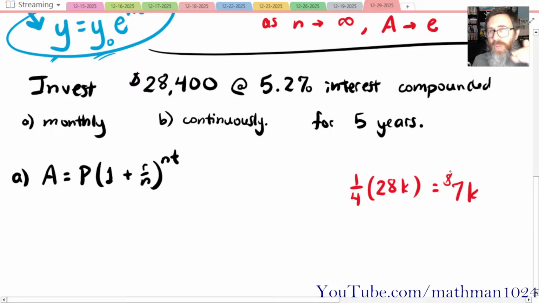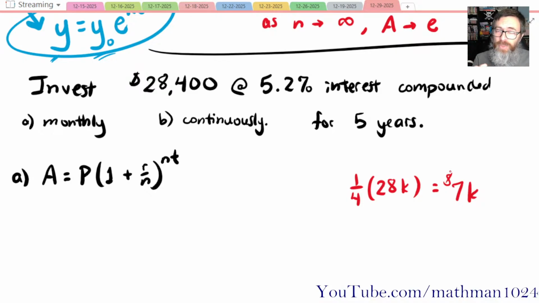Now that's on the low end. This is not taking into account the interest on the interest. And I've also done some rounding down from 26% and from the 28,400. But again, I'm not going for accuracy, I'm going for number sense. So when I type things into a calculator, am I getting an answer that makes sense to me? I'm expecting something that's close to 35,000.